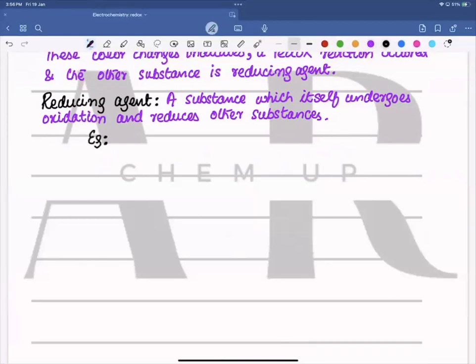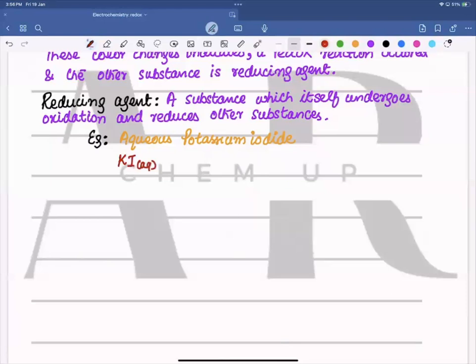The most common example of a reducing agent is aqueous potassium iodide. Its formula is KI.